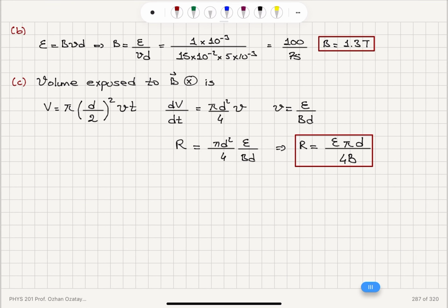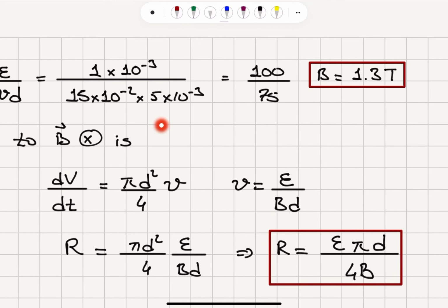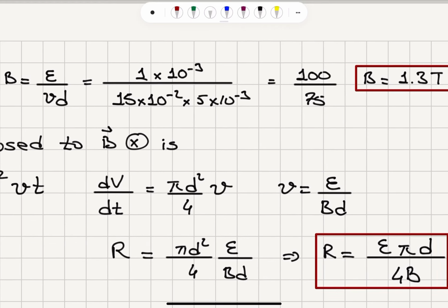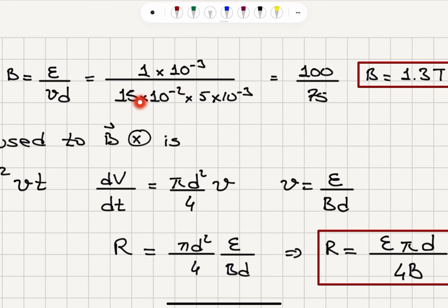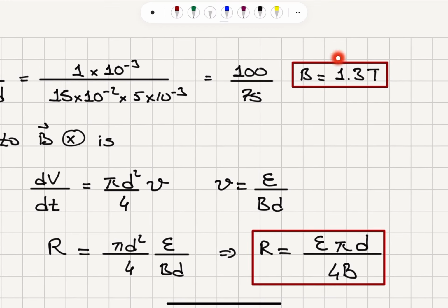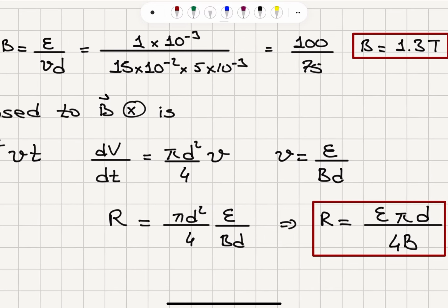And we can give it some numbers. That's what we did in part B. For a 5 millimeter diameter vessel and 1 millivolt EMF we want to measure with a blood flow speed of 15 times 10 to minus 2 meters per second, we need 1.3 Tesla magnetic field.